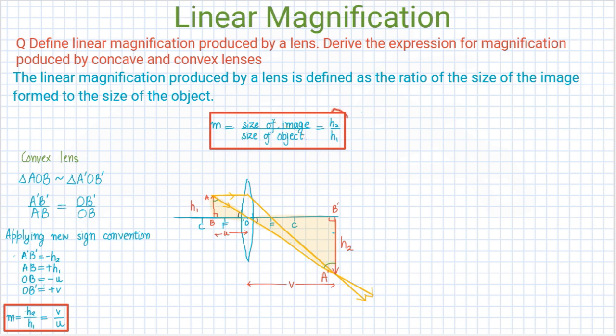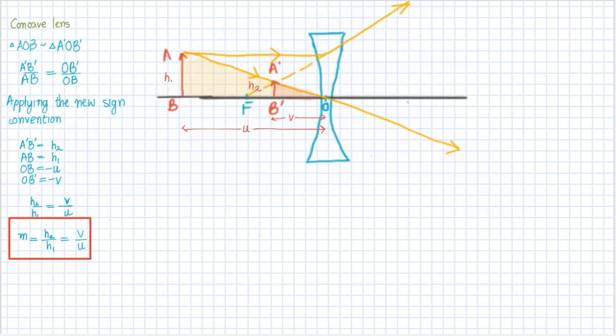And for your convex lens, your linear magnification, which is represented by small m, can be written as m equals h2 upon h1 equals v upon u. Similarly, for your concave lens, your linear magnification can be written as h2 upon h1 equals v upon u.